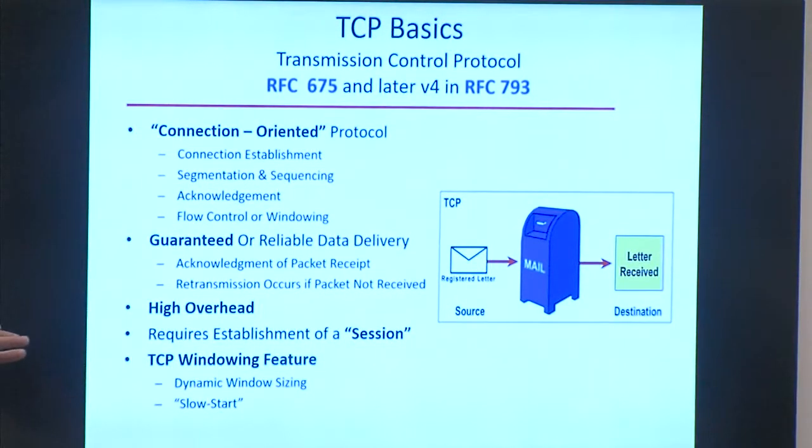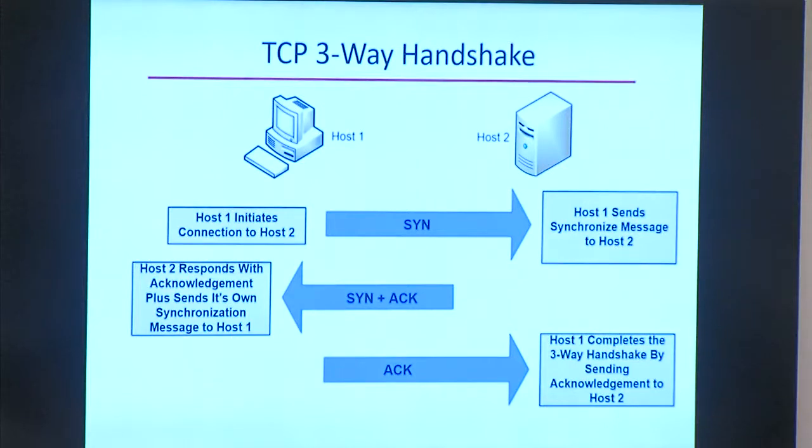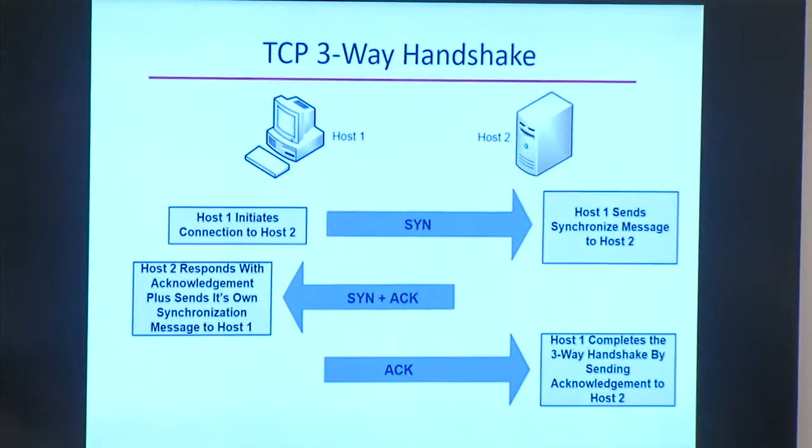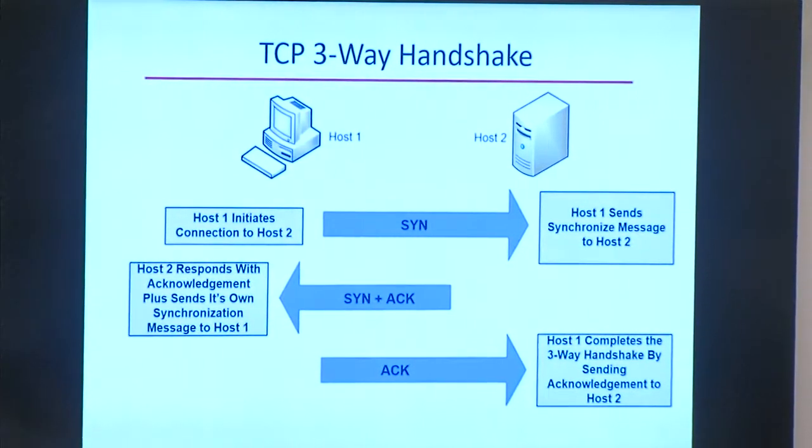I've always used the analogy as like mailing a registered letter. You drop the letter in the mailbox, the receiver gets it, you're going to get what? A receipt back. And that's kind of how TCP works. It works again by this handshake that occurs to first establish a connection, and then information is sent, it's acknowledged, more information is sent, it's acknowledged.